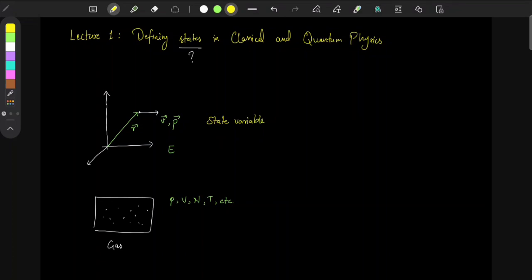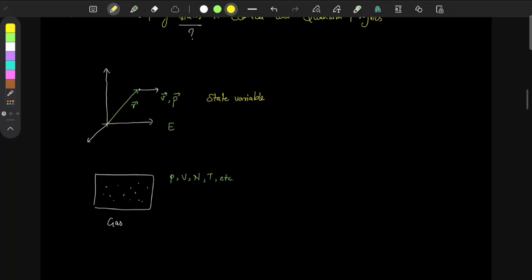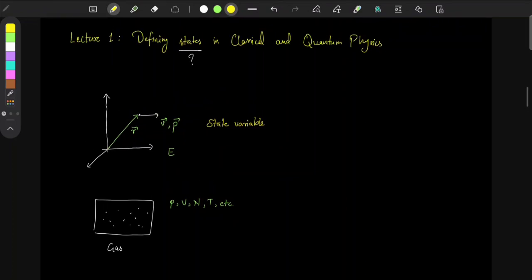Now, the most important thing to notice here is that all these state variables which we use to define state in classical physics, like the position or momentum or the pressure or the volume, are measurable quantities. You can measure the position with respect to some coordinate, or the pressure of the gas in a container, or the volume of the container of gas.